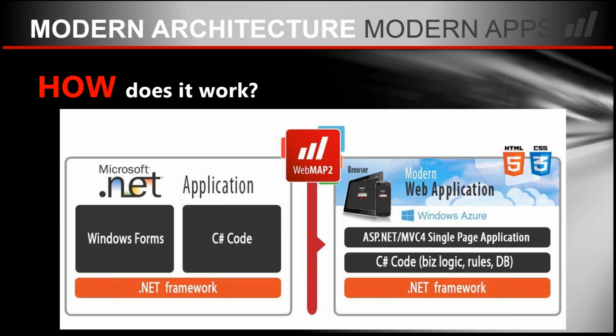On the server side, we're going to take the .NET code and we'll leave the logic intact. We won't actually change it, so we're not going to introduce new bugs, but we're going to rebuild it as an ASP.NET MVC4 application. So we're going to get the advantages of the model view controller pattern on the server side.